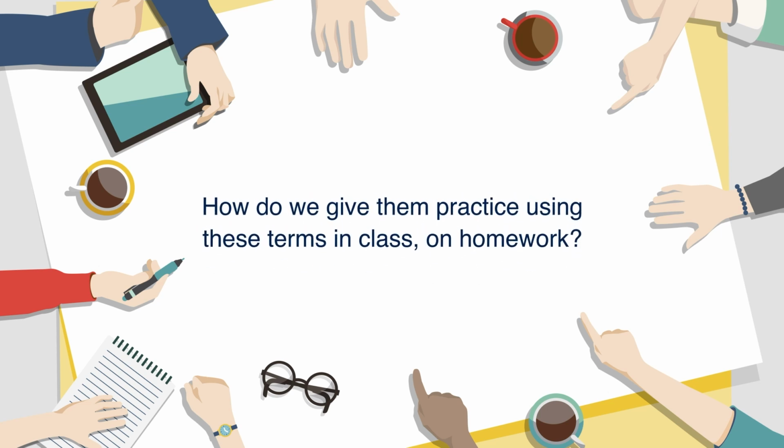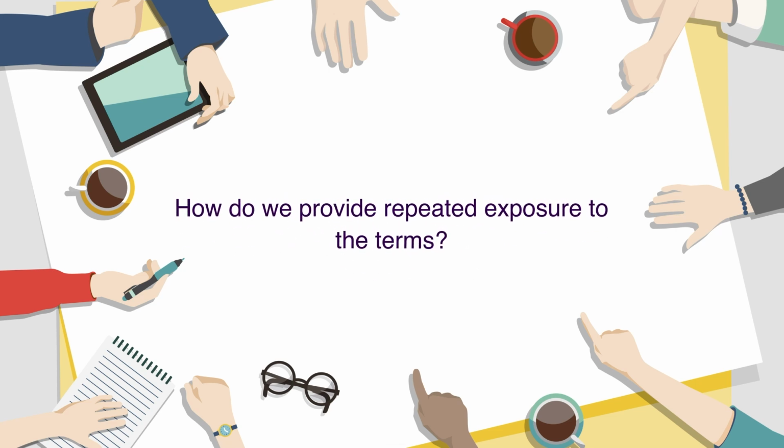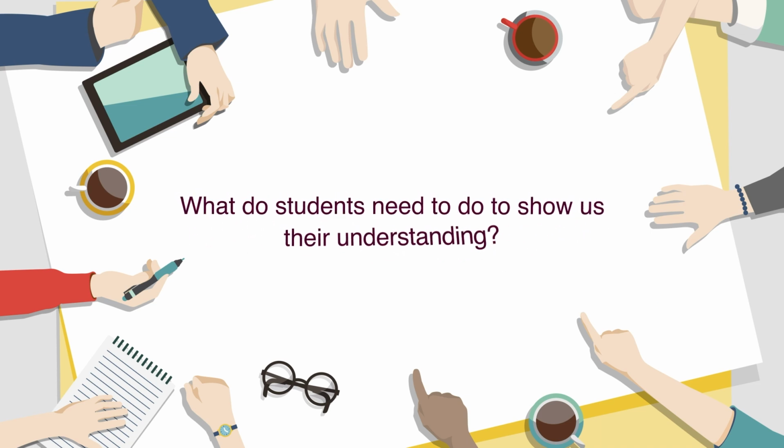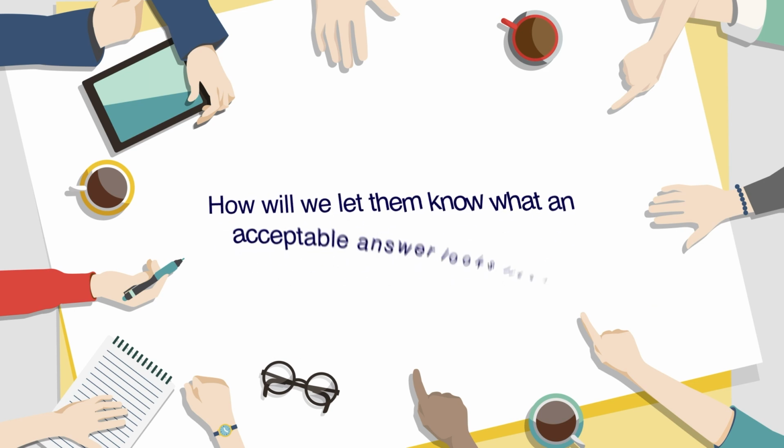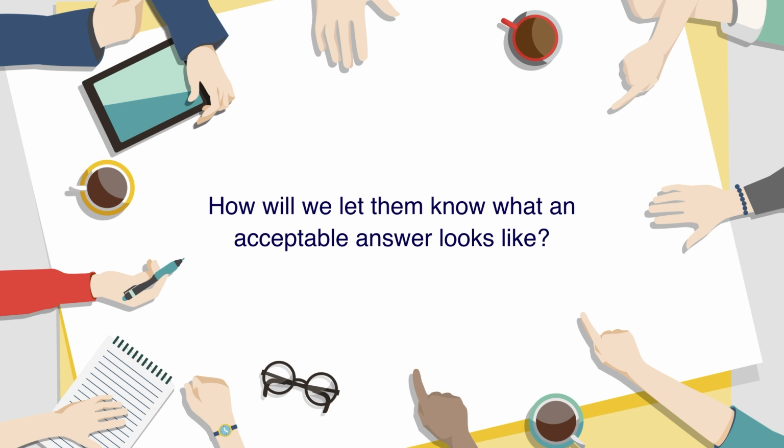How do we give them practice using these terms in class, on homework, etc.? How do we provide repeated exposure to the terms? What do students need to do to show their understanding? How will we be asking them to show their understanding? How will we let them know what an acceptable answer looks like?